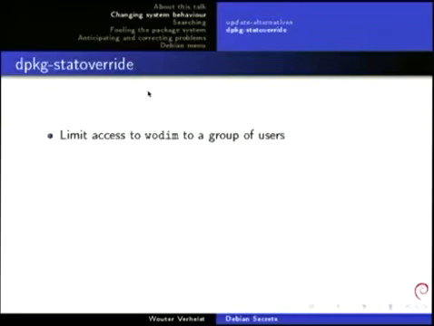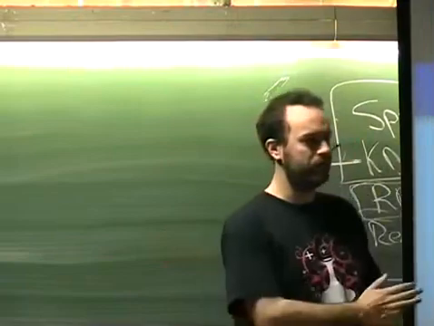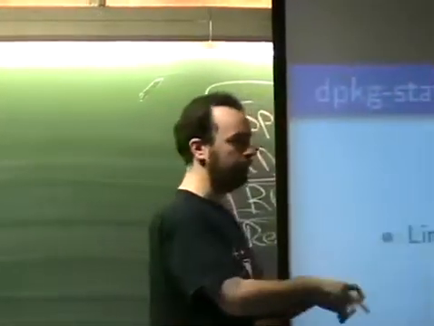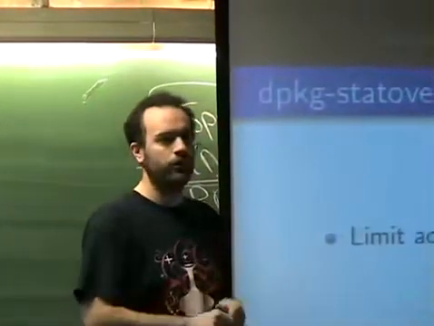Something more interesting is dpkg-statoverride. Let's imagine you wish to limit access to writing CDs to just a group of users. Because you've got a multi-user system that 500 people can SSH into, and you have a CD burner there because sometimes you need to write files.